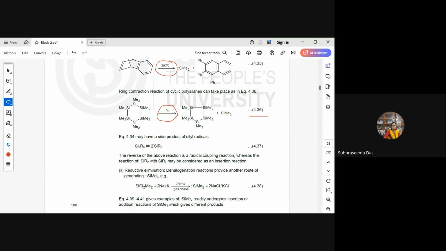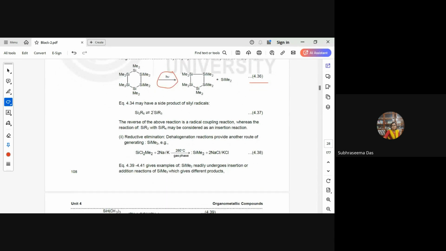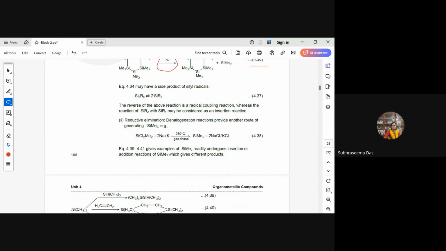Reductive elimination is another process by which we can obtain such compounds. Dehalogenation reactions also provide another route for generating silylenes, as shown in equation 4.37.